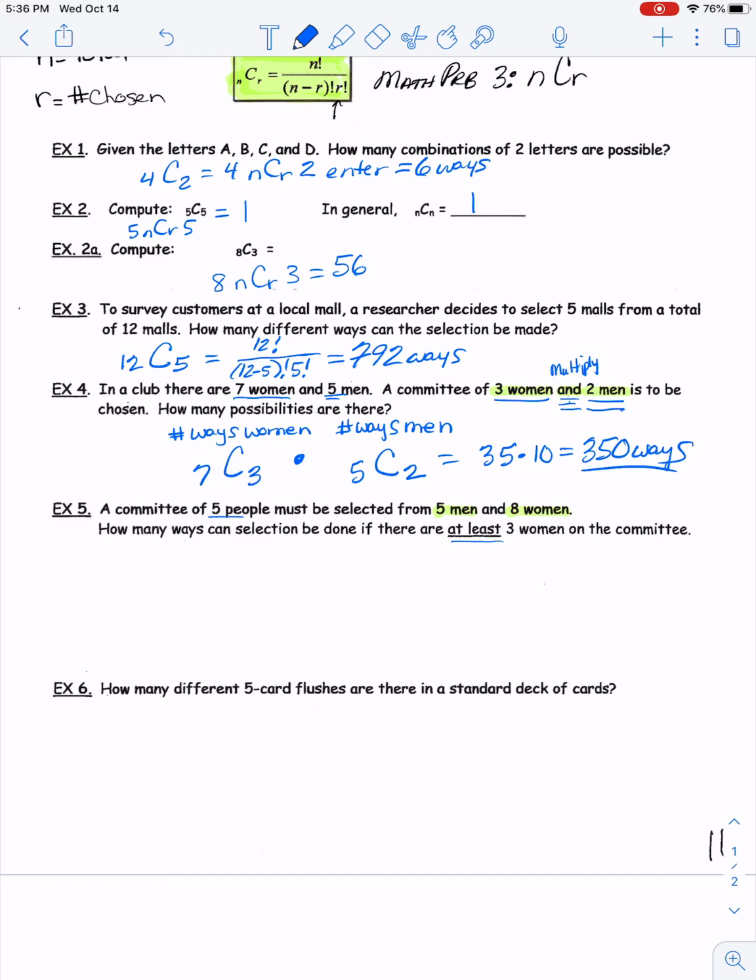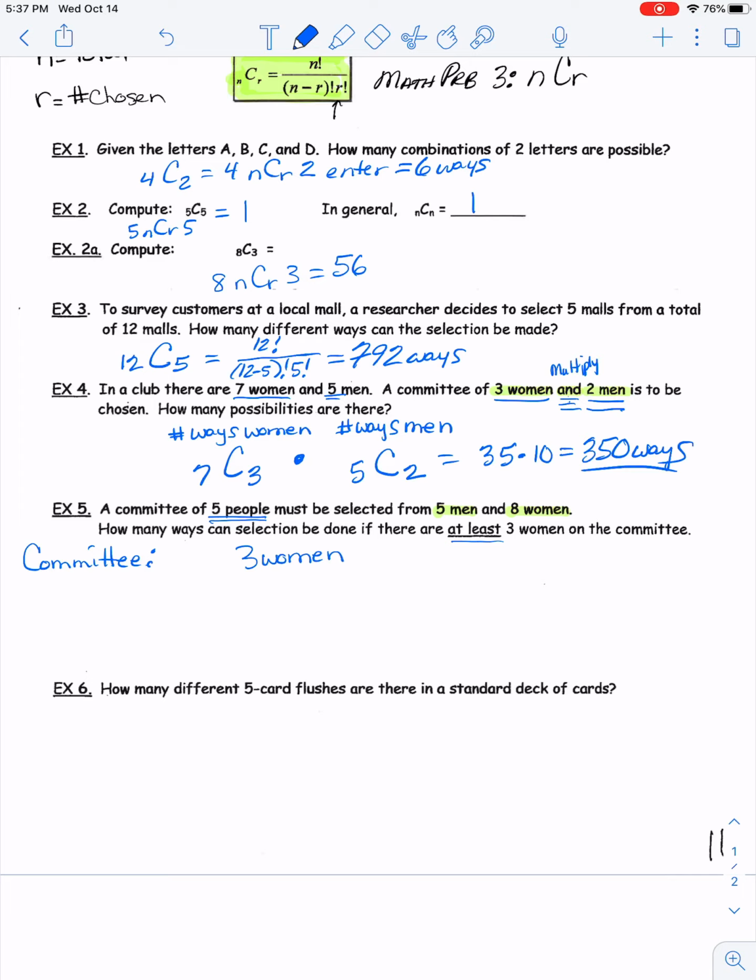Okay, and we need a total of 5 people. And we want at least 3 women. All right, so our committee can look like this. The minimum number of women we want is 3. So we can have 3 women.